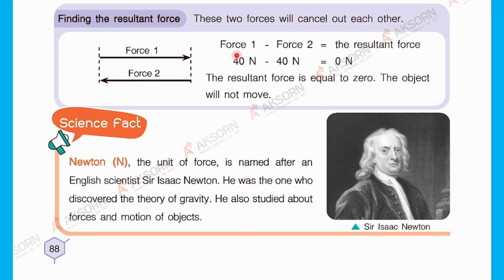Force 1 minus force 2 equals the resultant force. 40 newtons minus 40 newtons equals 0 newtons. The resultant force is equal to 0. The object will not move.